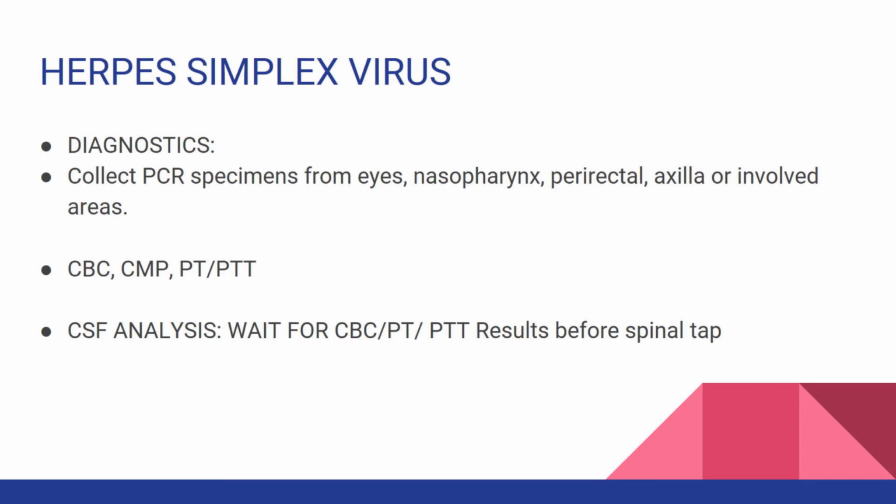And even in patients treated with acyclovir for 2 weeks, the chance of a positive CSF PCR result is still 70%. So in other words, IV acyclovir treatment does not seem to affect the positive result of your CSF PCR for herpes.